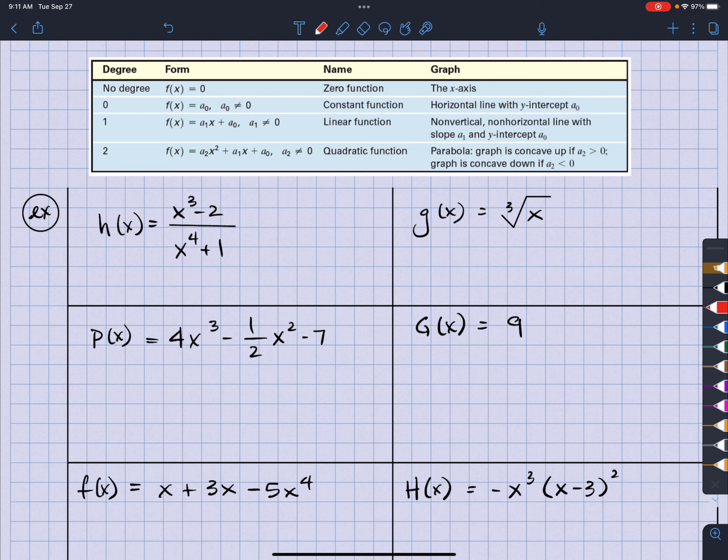All right, so here are some examples for us to identify whether these are so-called polynomial functions or not. This first one, since it's a fraction, is not a polynomial function.